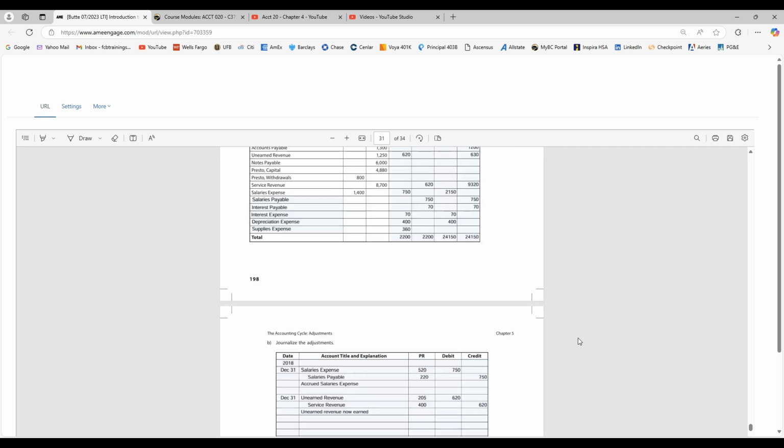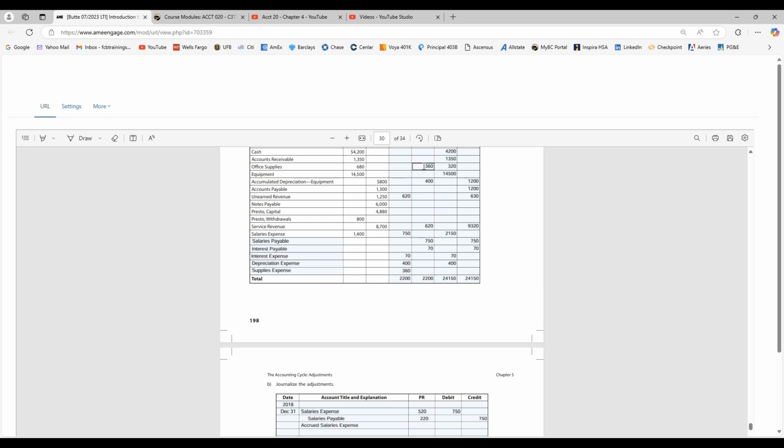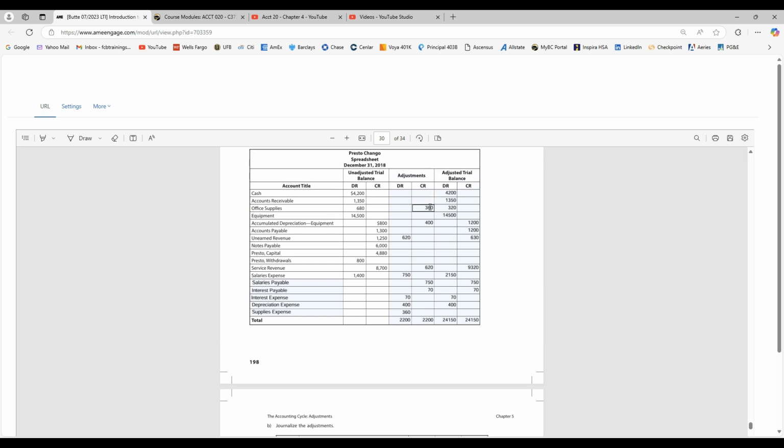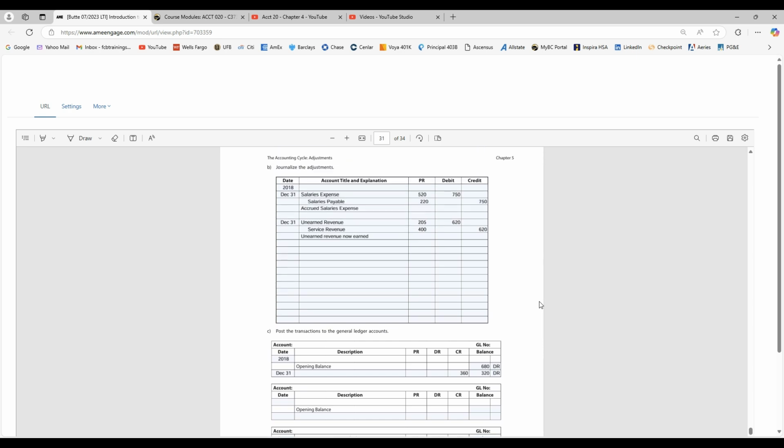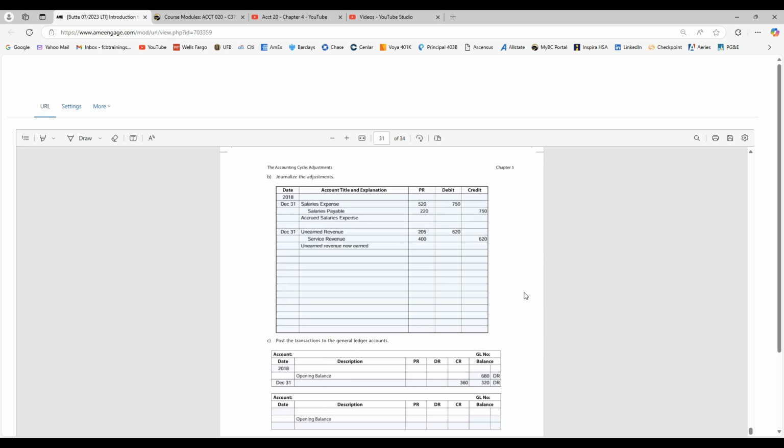What we had on that adjusting entry for office supplies was a reduction, right? We credited that for 360. That left us with 320, and that was a debit balance. And so on and so forth.